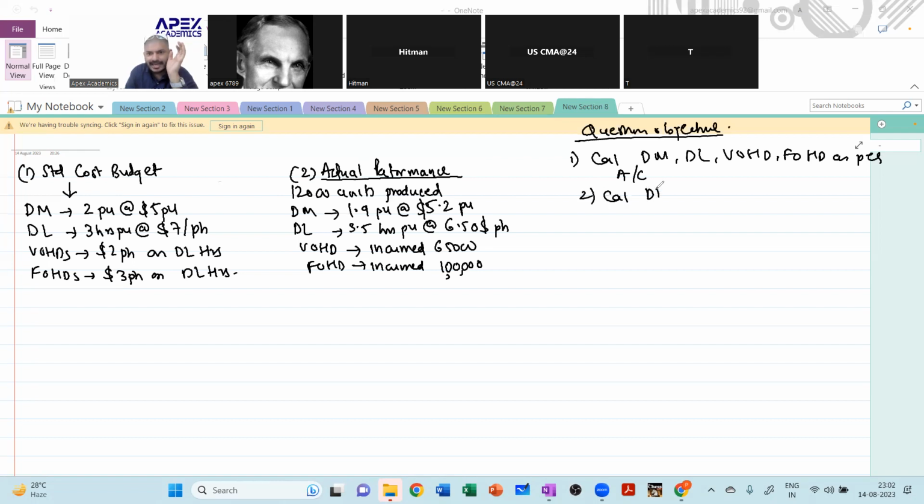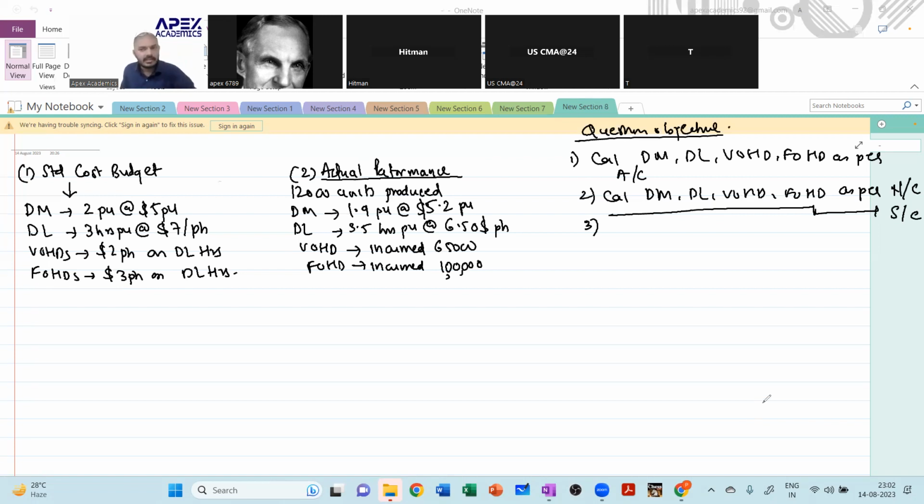Second, calculate them as per normal costing. Third, as per standard costing. These are the three items that you are required to take care of.